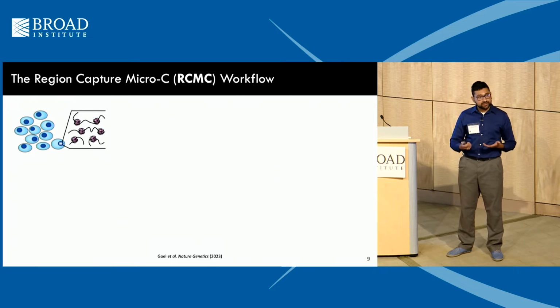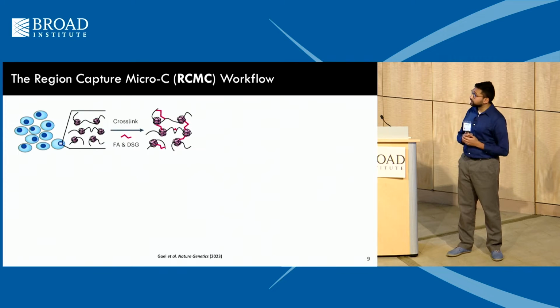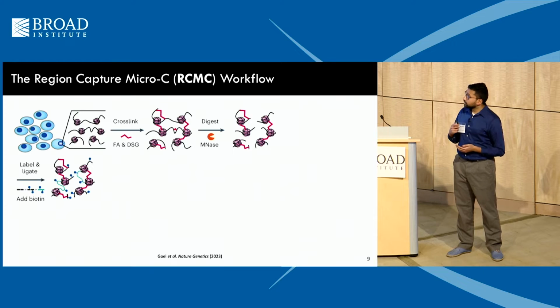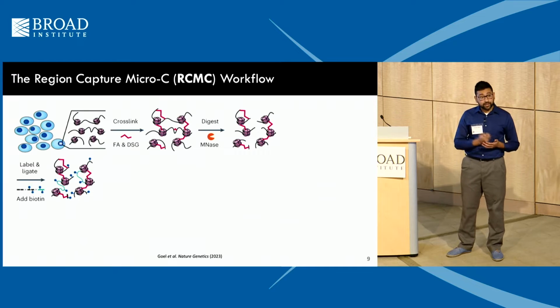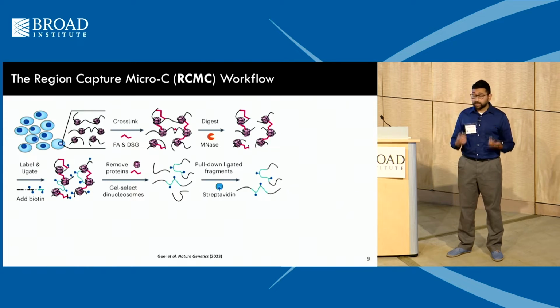In design, it's quite similar to Hi-C, and so you take chromatin or nuclei, you cross-link them with 2 different cross-linkers. You'll digest them with MNase, which gets you roughly nucleosome-sized fragments homogeneously throughout the genome. From there, you can label the free-floating ends, ligate them to their spatially proximal neighbors, and then do a couple of purification steps to ultimately come out with a library.